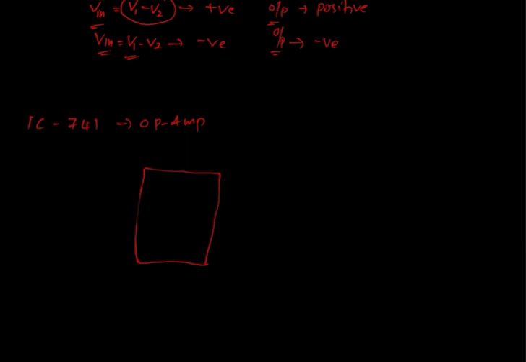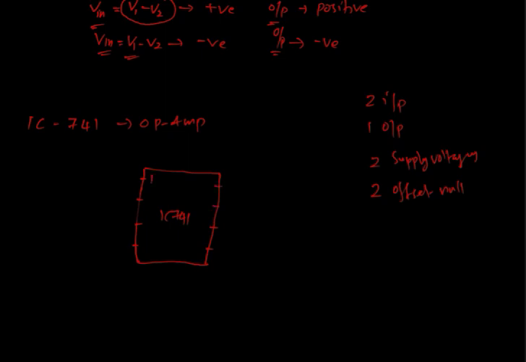An operational amplifier has 2 input pins, 1 output pin, 2 pins for supply voltages and 2 pins for offset null voltages. So here we have the 8 pins of the IC741.